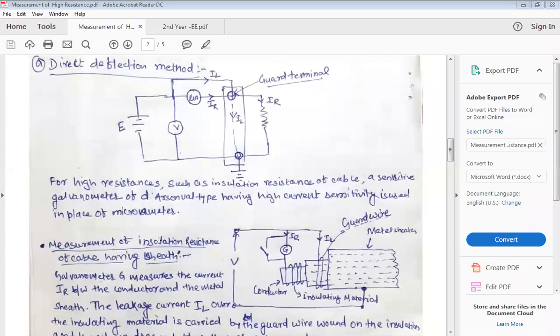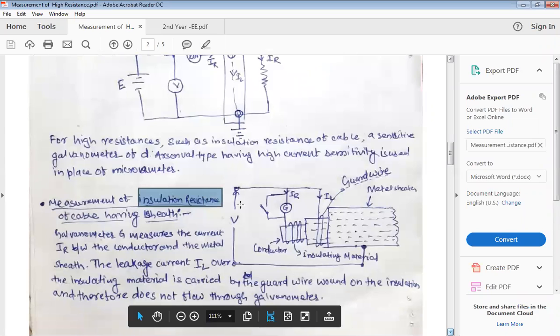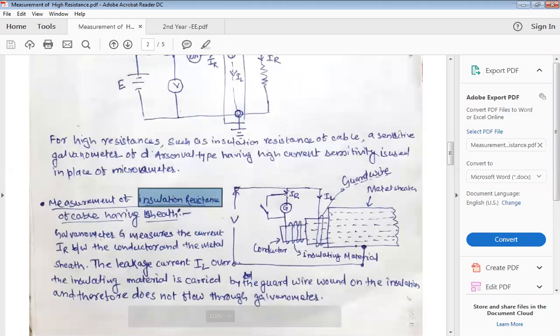Suppose you want to measure the insulation resistance of any cable. You have to connect one DC voltage source, having range from 500 volt to 1000 volt, and one galvanometer, because a galvanometer is very sensitive for measurement of small current.